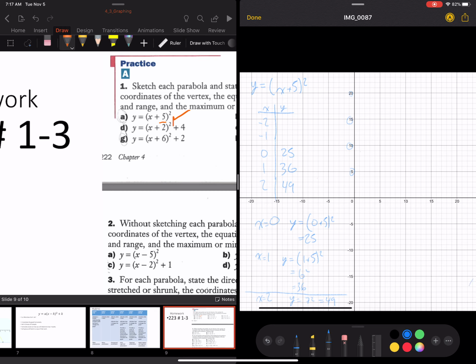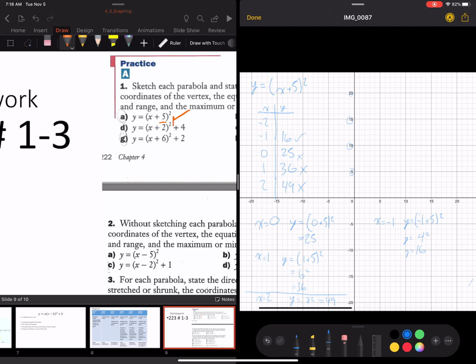Let's try the minus 1. When x equals minus 1, y is equal to minus 1 plus 5 squared, which is 4 squared, which is equal to 16. Seems to be coming back in range. Let's plot some of these points. I have 2, 49, I can't do that. I have 1, 36, I can't do that. 0, 25, I can't even do that.